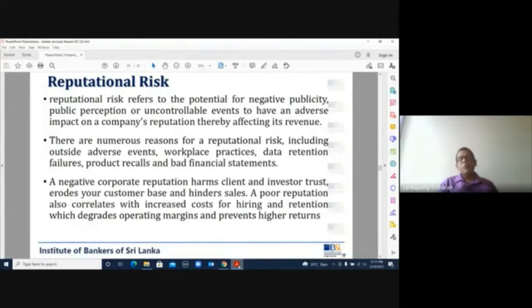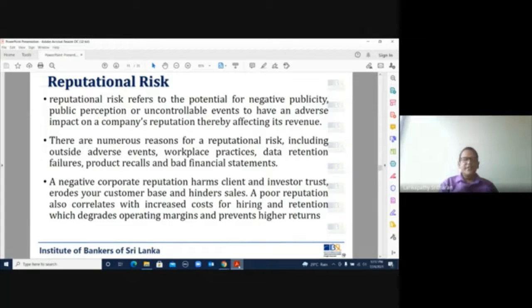A negative corporate reputation harms client and investor trust, erodes your customer base, and hinders sales. A poor reputation correlates with increased costs for hiring and retention, which reduces operating margins and prevents higher returns.